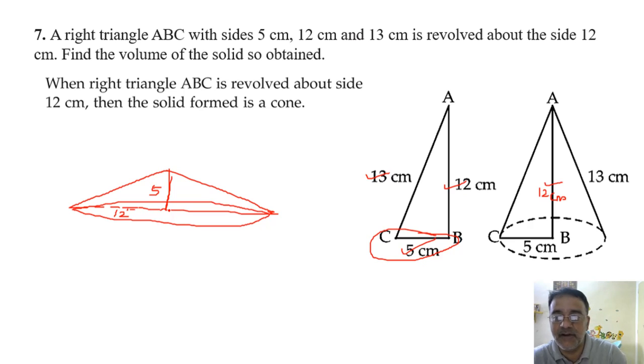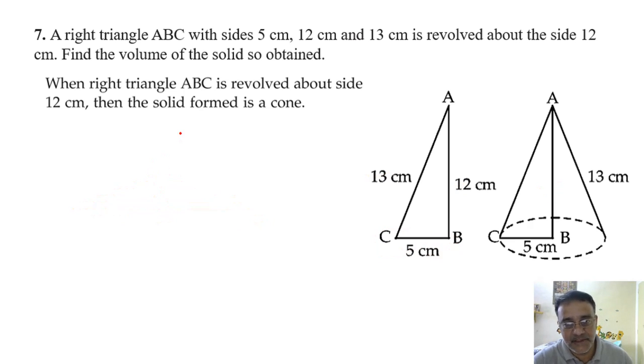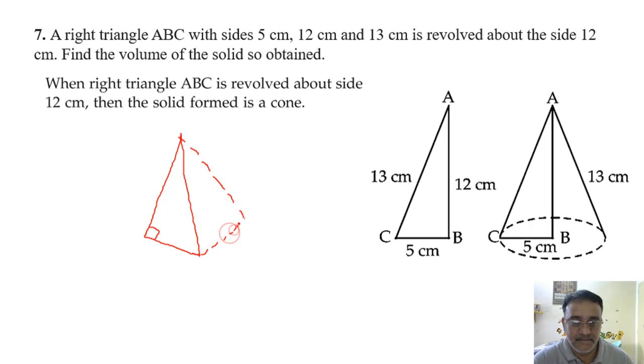So it can be revolved around the hypotenuse also. When we revolve around the hypotenuse, look carefully. This is a right triangle. So in this case what are we going to get?